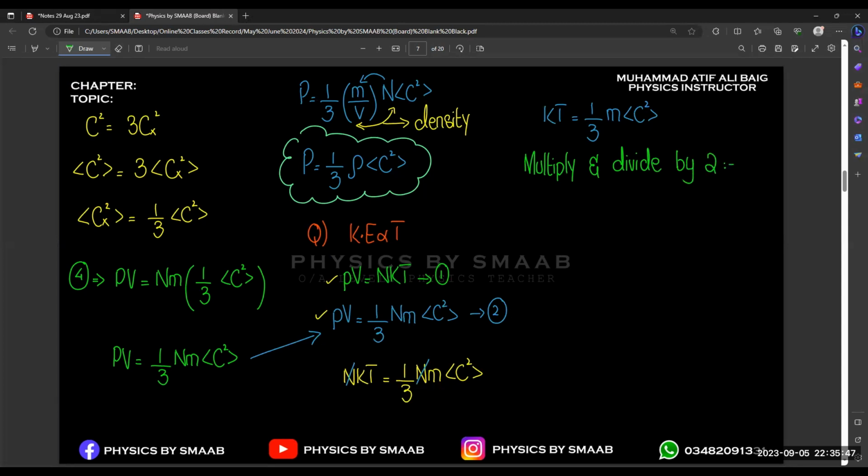So let's suppose we multiply and divide, because if we multiply by some additional value, we also need to divide by that, so the effect on the equation remains the same.